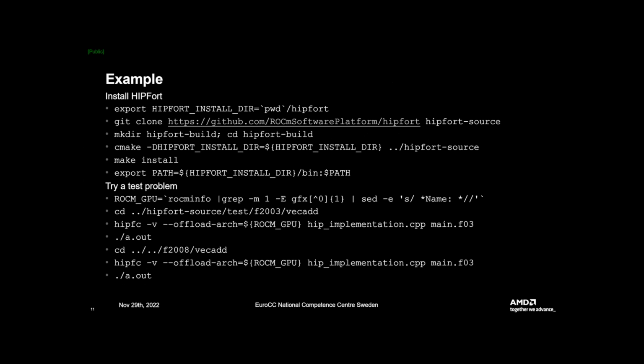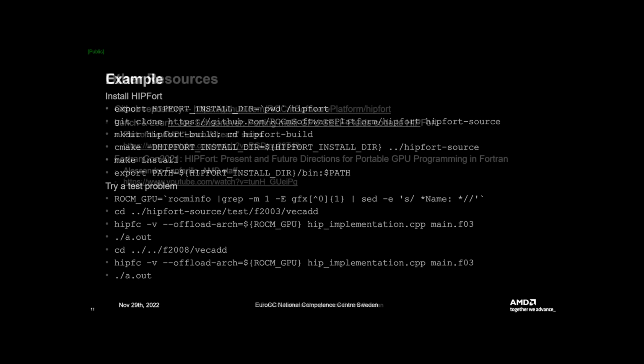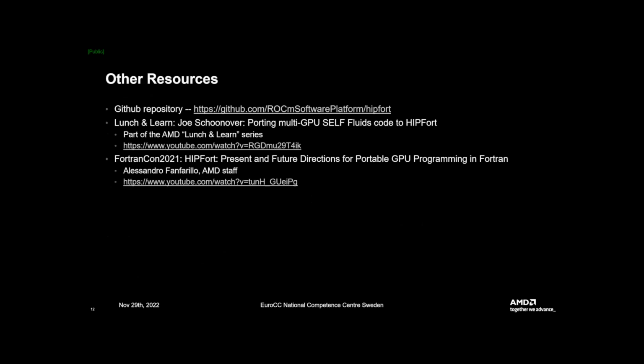So you can build this library, put it in your path, and then just use the HIPFC compiler to compile this HIP implementation. And let's look at those codes to see what they look like. Okay. I'll pull up those codes in just a minute.